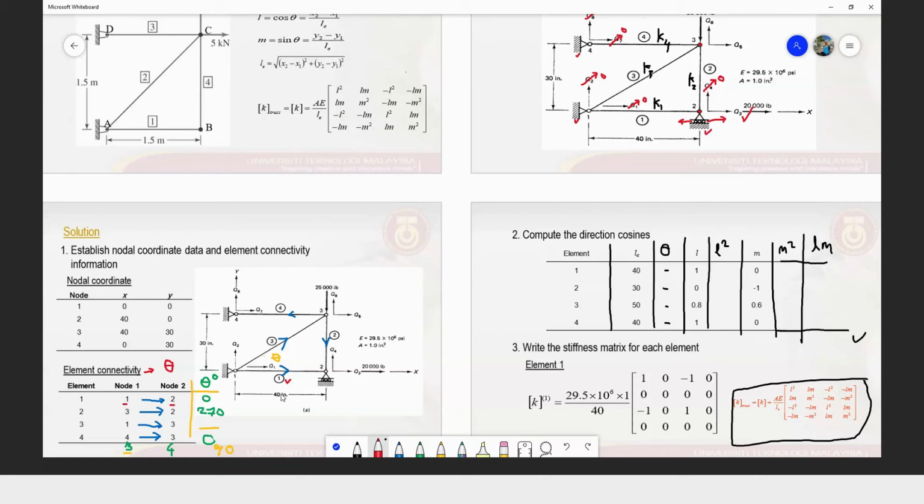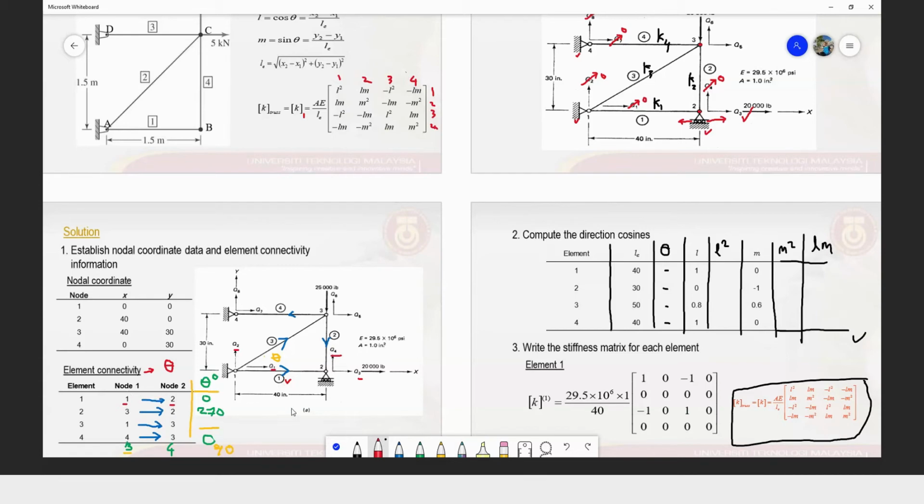From 1 to 2, then we write the index of our displacement 1, 2, then followed by 3 and 4. So for my metric K1, I can write 1, 2, 3, 4. Here 1, 2, 3, and 4 as well, which is to follow the order of the element connectivity from 1 to 2.